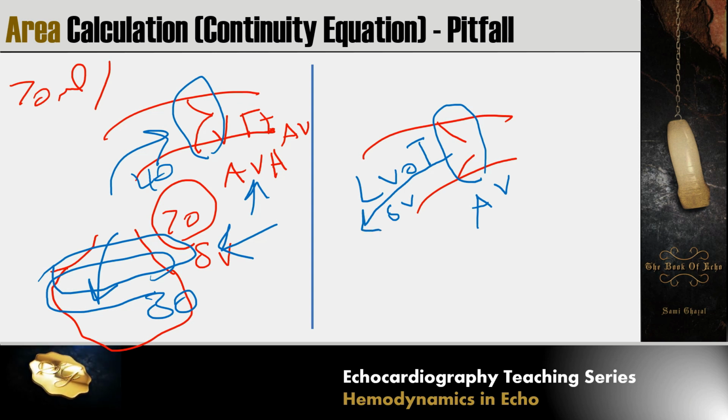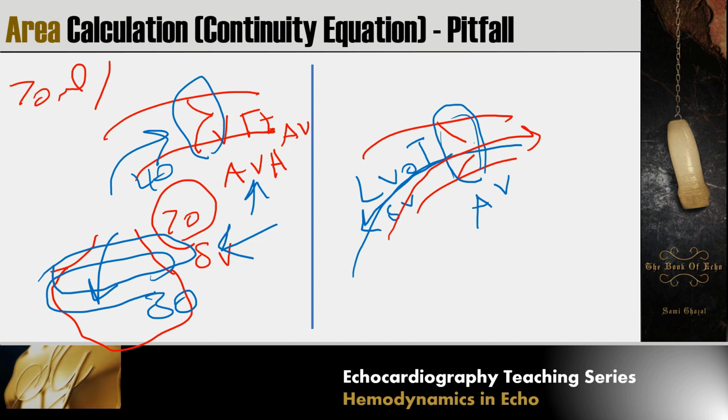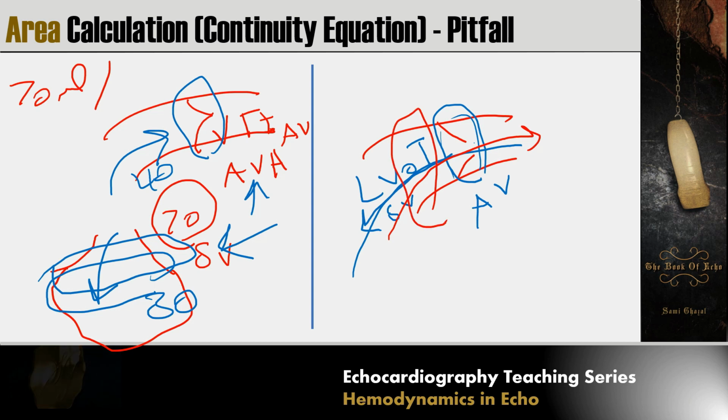So this regurgitant volume will pass through both areas that we measured. In that case, even the forward flow, it will go through both of them. It will go through the LVOT and the aortic valve. So in case of aortic valve regurgitation, we still can use the continuity method from LVOT to calculate the aortic valve area here.